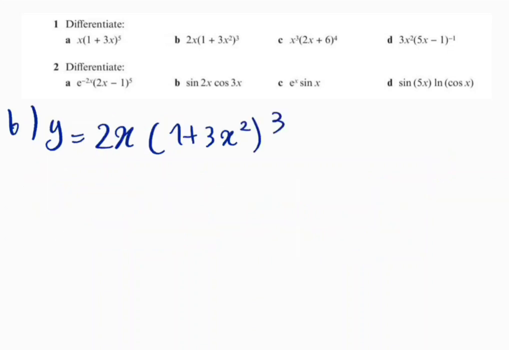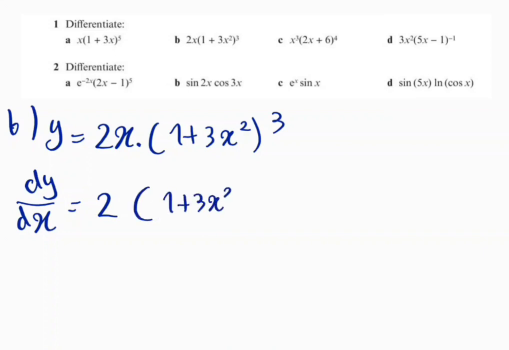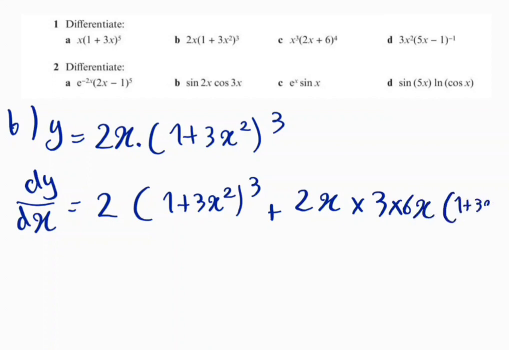B, y is 2x times (1 plus 3x squared) to the power of 3. Again, the same as the previous one, we differentiate the first bit, which is 2, times the second bit, and plus, now we write down the first bit times the derivative of the second bit, which is 3 comes down, and 3x squared differentiates to 6x, times (1 plus 3x squared) to the power of 2.